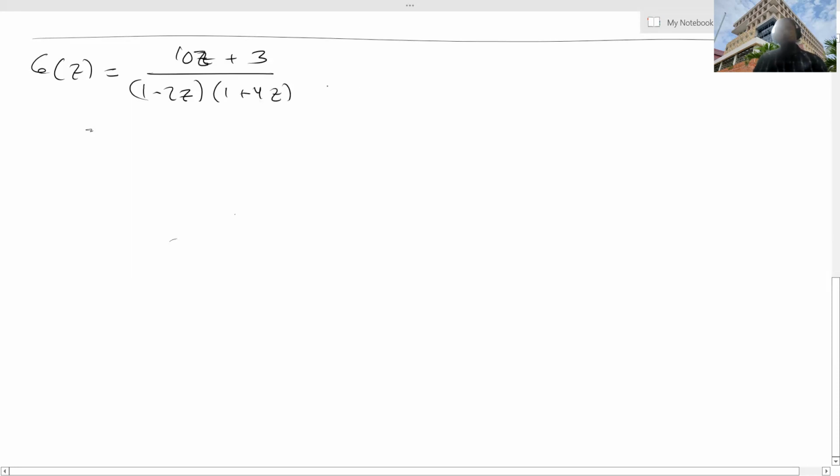The idea is to use partial fractions. Essentially, we want to write this in the form of A over (1 - 2z) plus B over (1 + 4z). So the part we need to do is find A and B here.